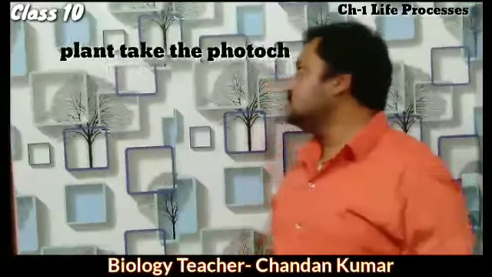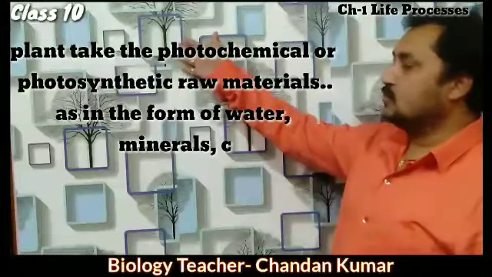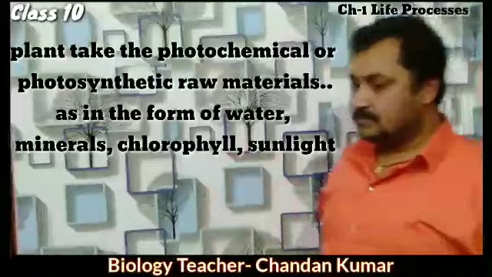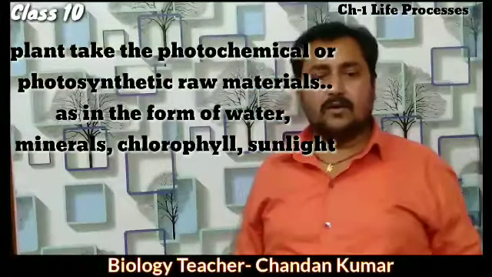Because plants contain a green pigment known as chlorophyll. This chlorophyll helps during nutrition in plants as the photochemical cycle. Here the plant takes the raw materials: water, minerals, chlorophyll, sunlight, all are raw materials.